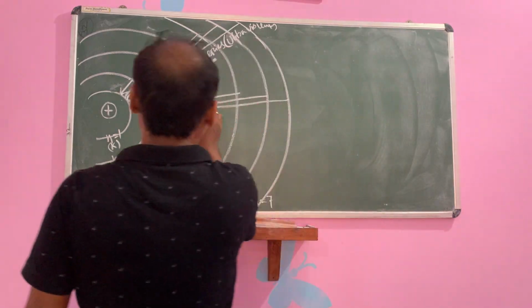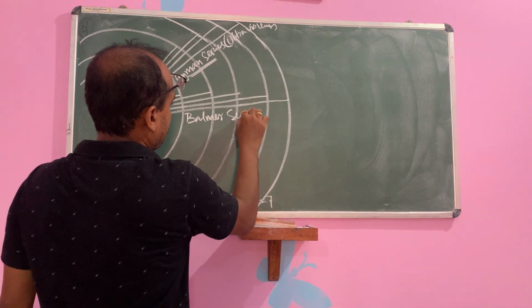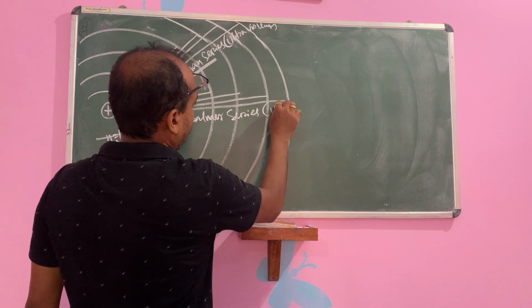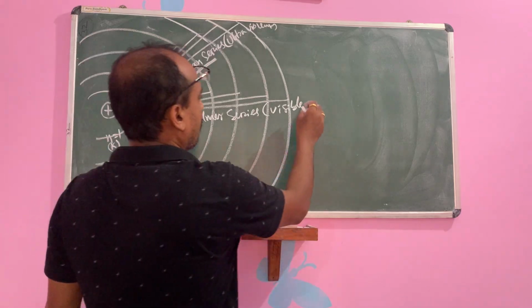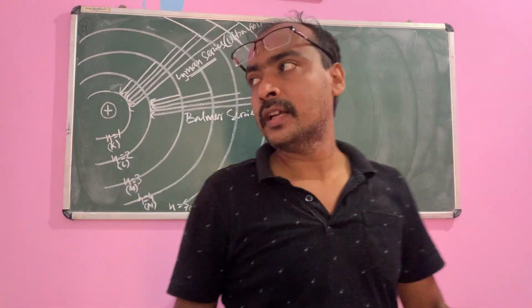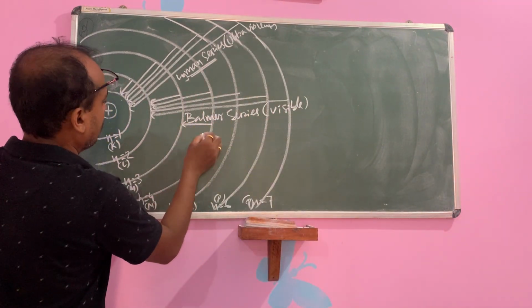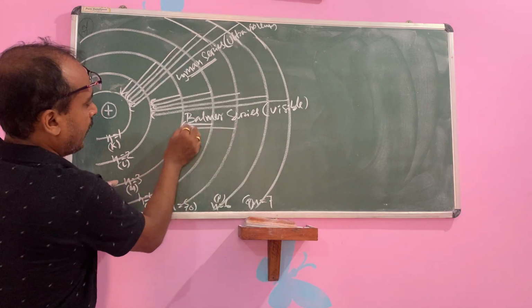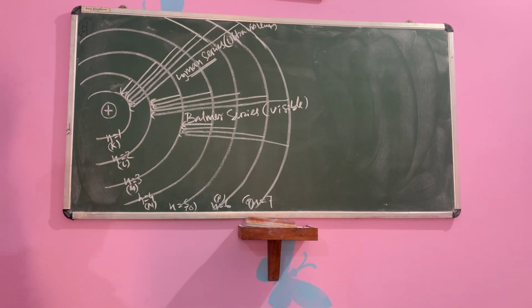Balmer, B-A-L-M-E-R, Balmer series. This falls in the visible frequency and wavelength. Then similarly, you can draw 2M, children.